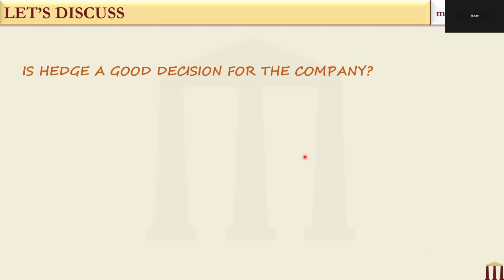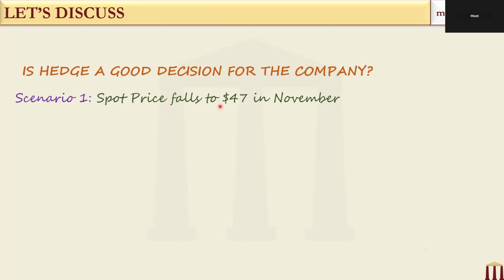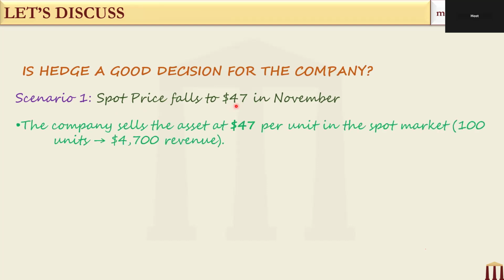So let's take scenario one, where the spot price falls to $47 in November. In this case, if the company did not hedge, it will have to sell the asset at $47 per unit in the spot market. So this will be the revenue of the company.